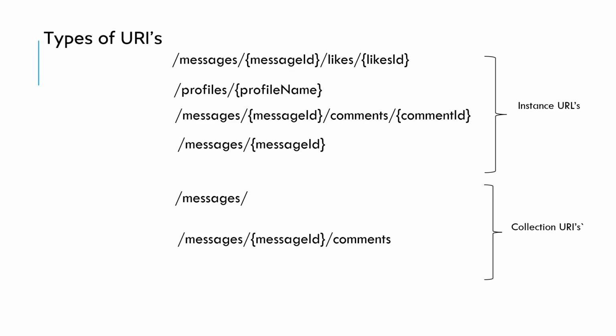Now, when we have defined the URIs, right? Suppose you got all the messages, right? So how can those messages be consumed by the users? They might want to show them on the web page, page by page, right? So that's why filtering and pagination are very important.